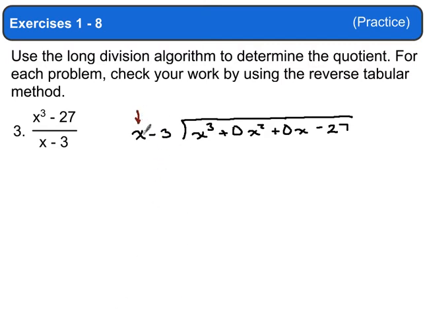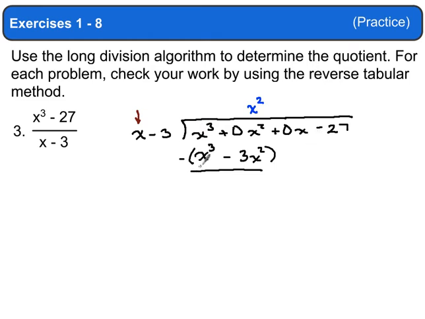And so x goes into x to the third power, x squared times. We'll do the distributive property. X squared times x, you get x to the third power. And then x squared times negative 3 is negative 3x squared. We close the parentheses.